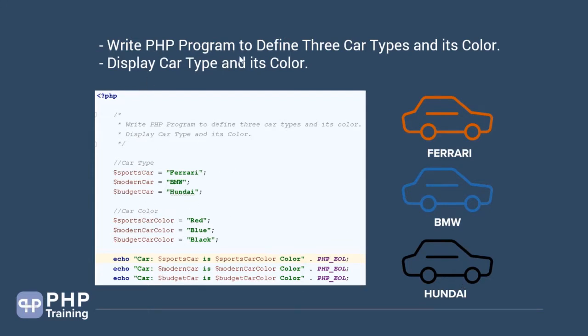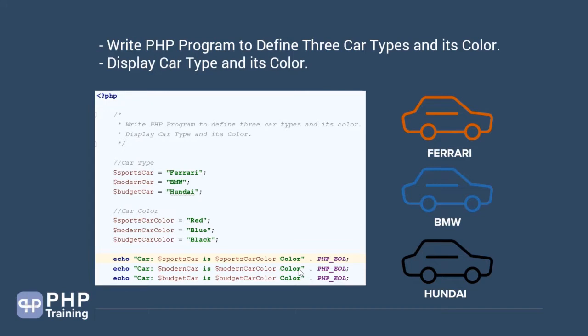So on the left hand side you have your PHP program. In order to write a program to define 3 car types and their color, you will define 3 variables of car type, you will define 3 variables for car color, you will assign the values and then you display them. And this is called procedural language, wherein you are not thinking of any objects. You're just writing your program with some variables and you're just trying to assign some value to a variable and you're displaying them, right?